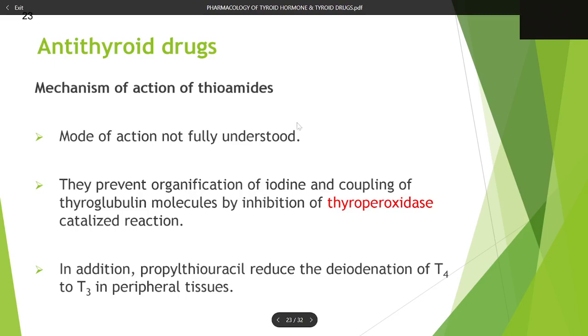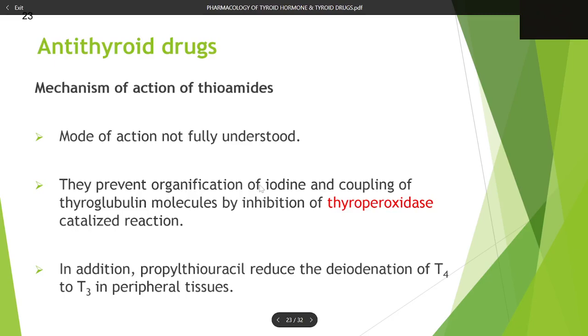Okay, so the mechanism of action of thioamides: the mode of action is not fully understood. However, they prevent organification of iodine and the coupling of thyroglobulin molecules by inhibition of the thyroperoxidase-catalyzed reaction.